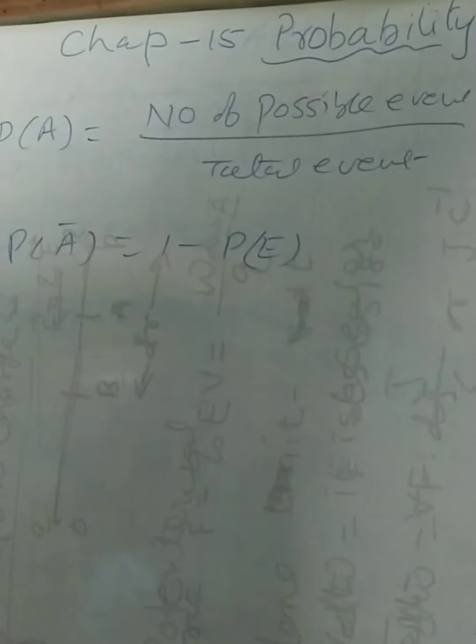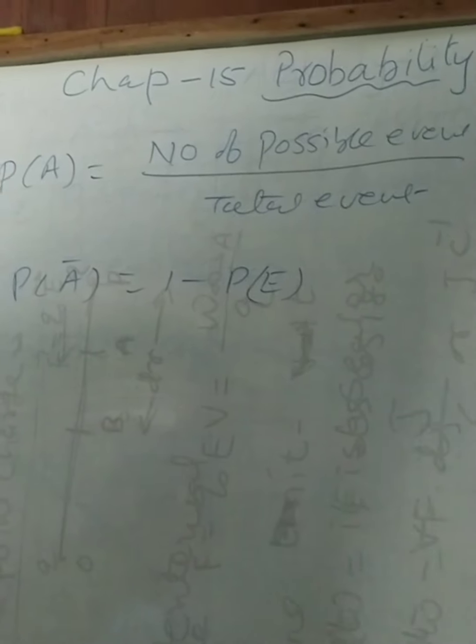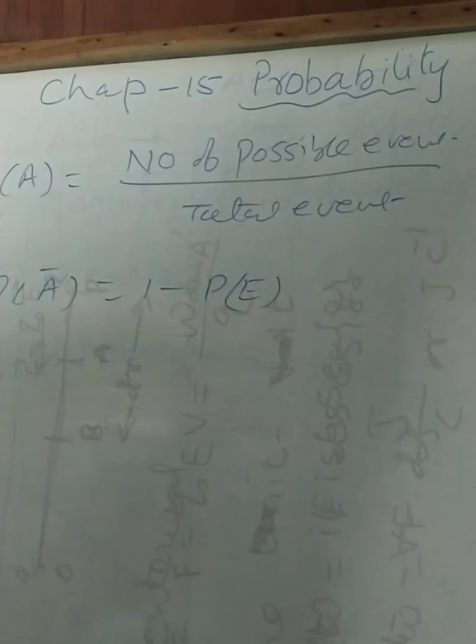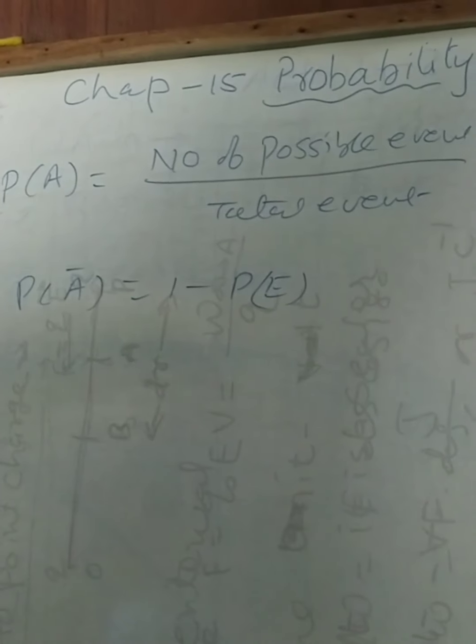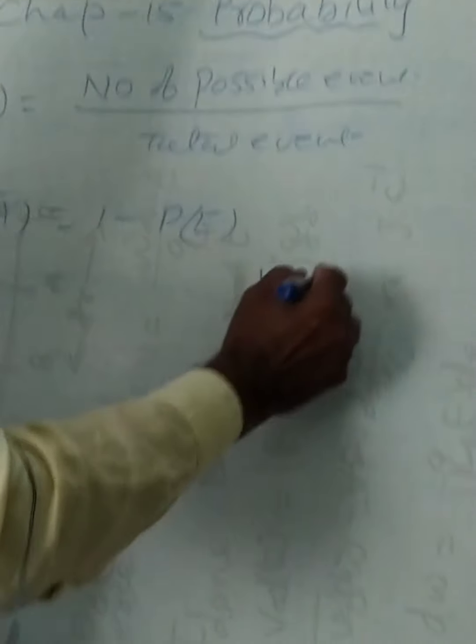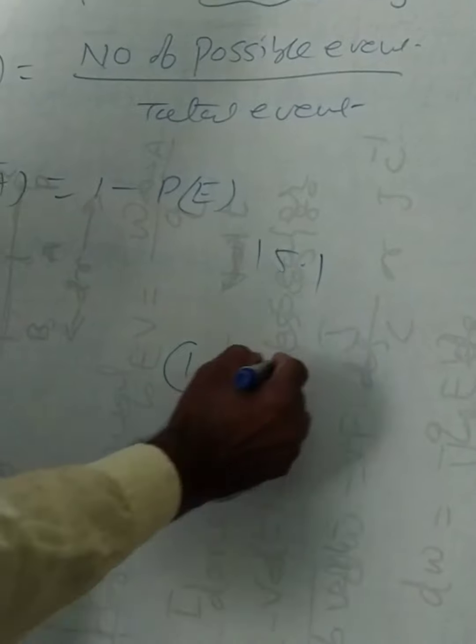So in exercise 15.1, the first blank: the probability of an event E plus the probability of the event not E. That means the sum of both probabilities will always be 1. Then the second one: the probability of an event that cannot happen is 0, an impossible event.